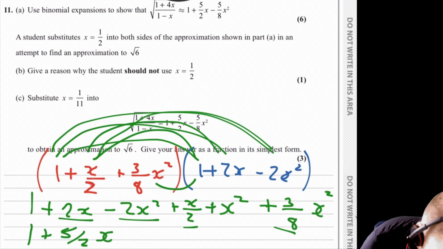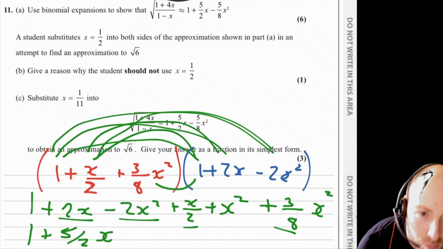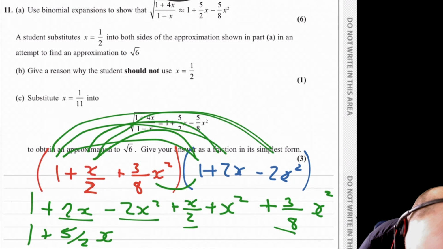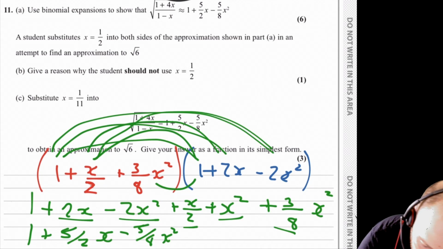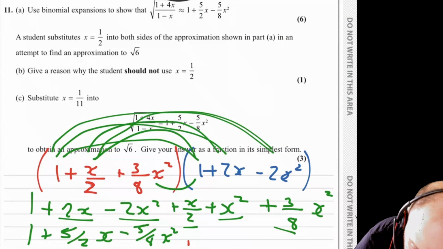I feel like I've done something wrong. Oh, no, we're right. I've just forgotten an x squared. Minus 2x squared plus x squared is minus x squared, plus 3/8 is going to be minus 5 over 8 x squared. Good. So there's our answer to part A.